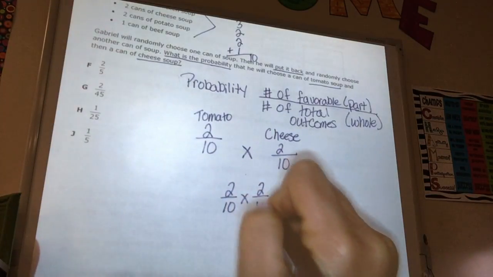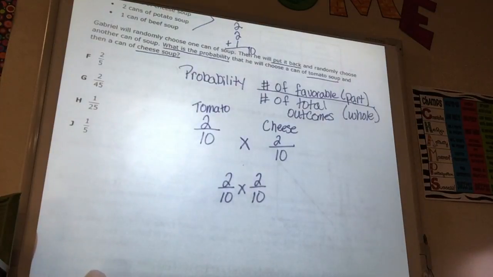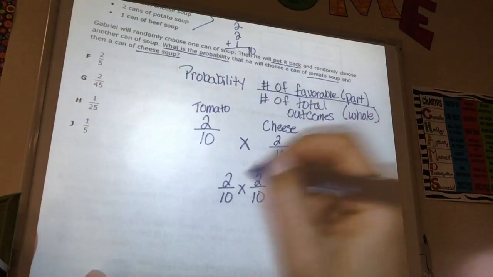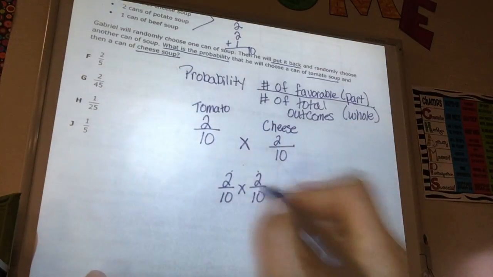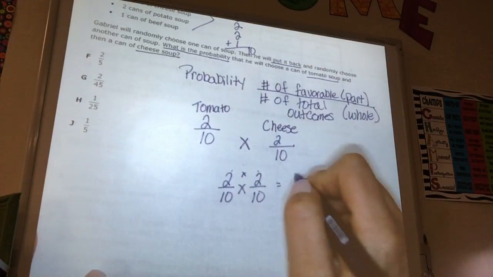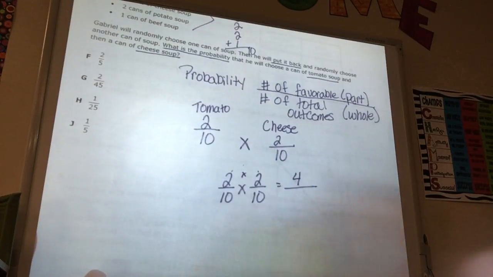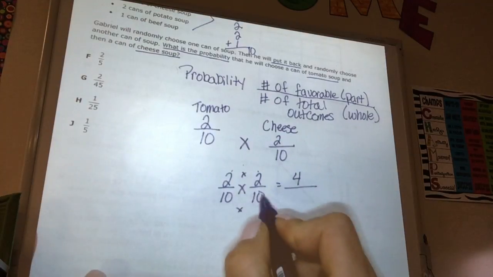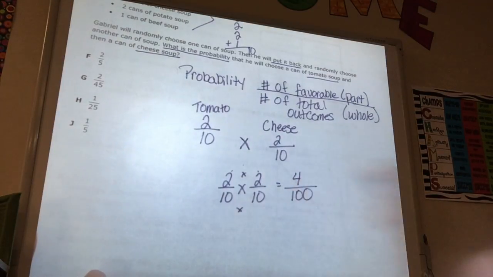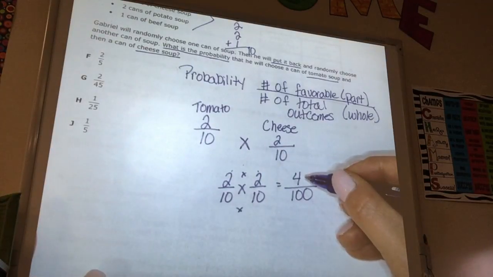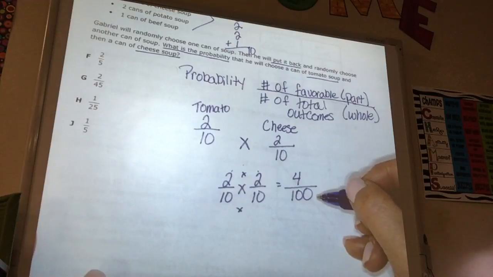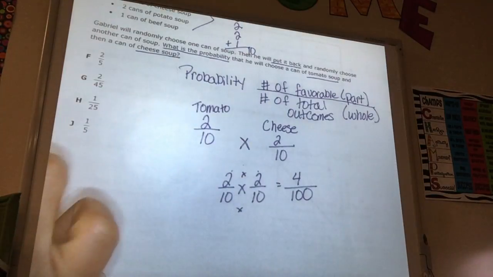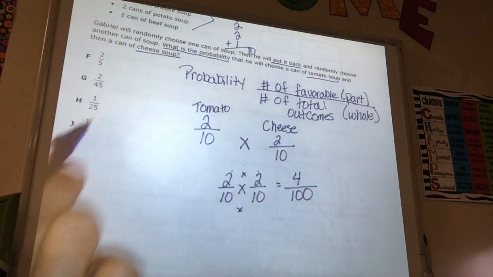times 2/10. And to multiply fractions, we multiply our top number times our top number. So 2 times 2 equals 4. And we multiply our bottom number times our bottom number. So 10 times 10 is 100. 4 is an even number, and 100 is an even number, so we know we can simplify, and you don't see 4/100ths in your answer choices up here.